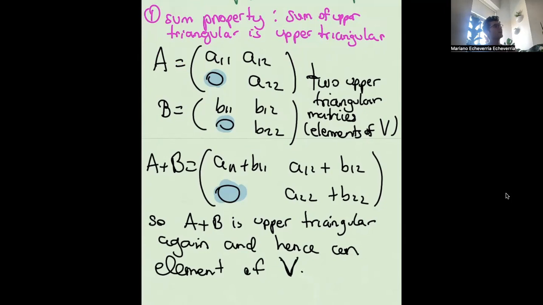And so the sum property is satisfied, and then the other property would be the rescaling property. The rescaling property says that if you take an upper triangular matrix and multiply it by a number, that product is still upper triangular.